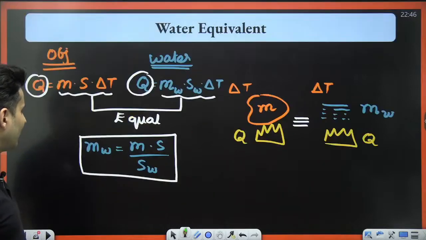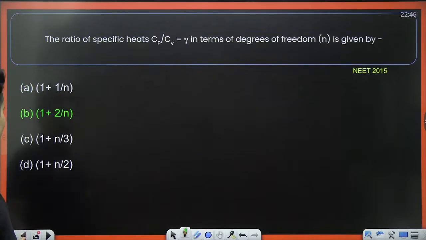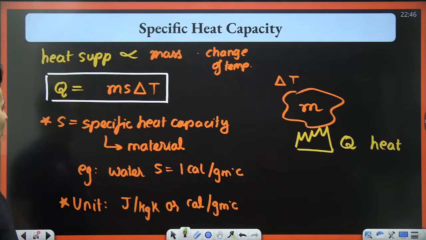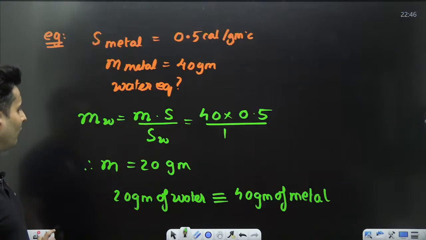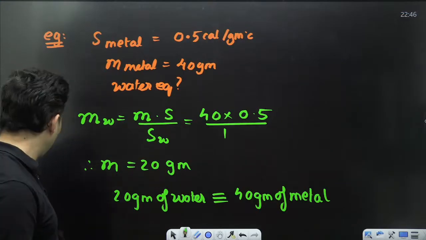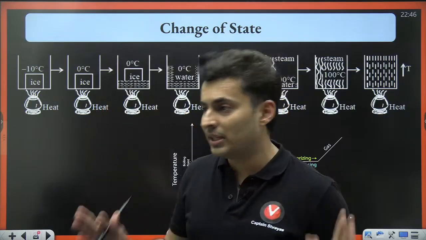So we have reached till water equivalent. We have seen specific heat capacity, molar specific heat capacity, and all these things. Now, what happens when you change the phase only?